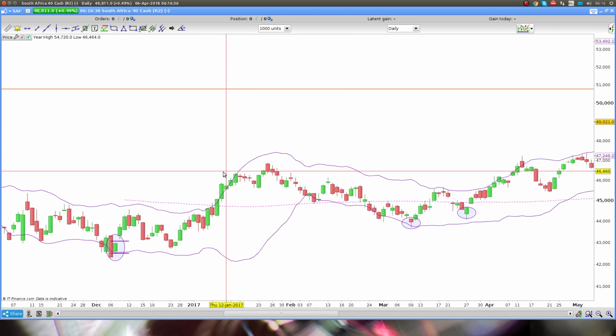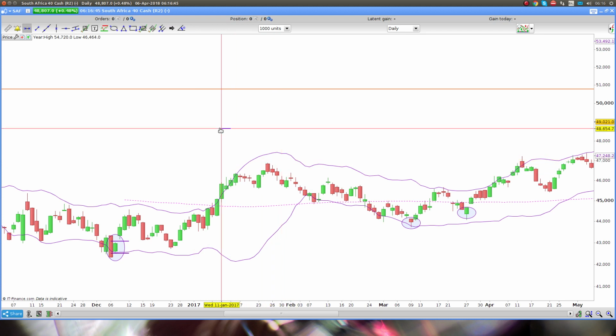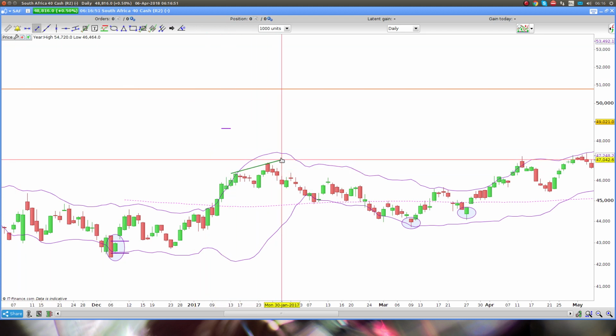Okay, this is also a double top here. And these typically work out every single time. So price is moving to the upside.